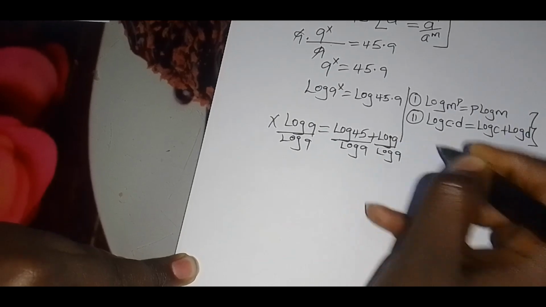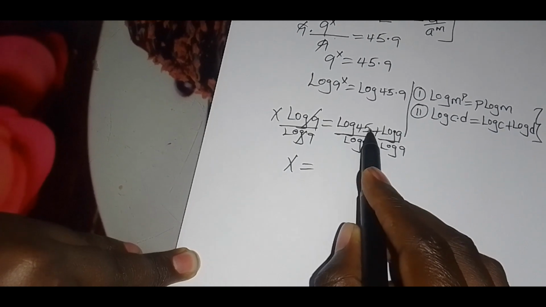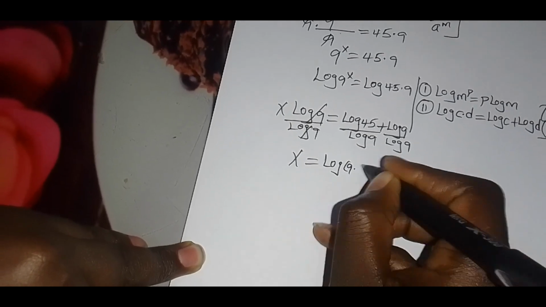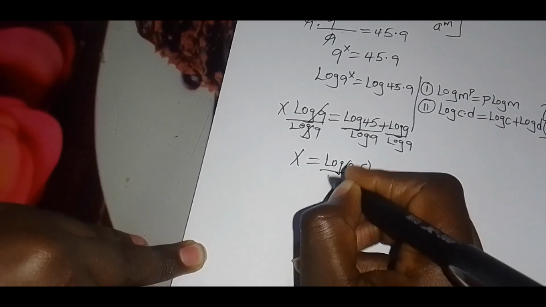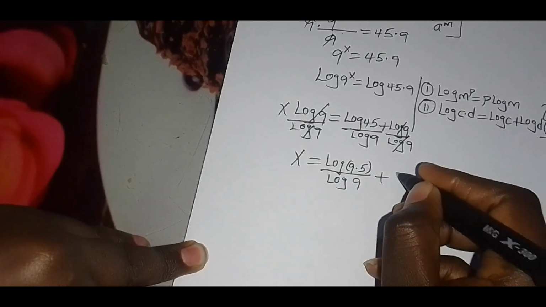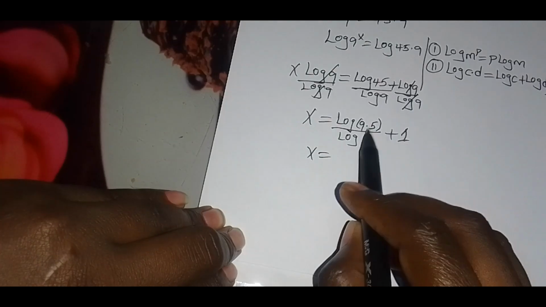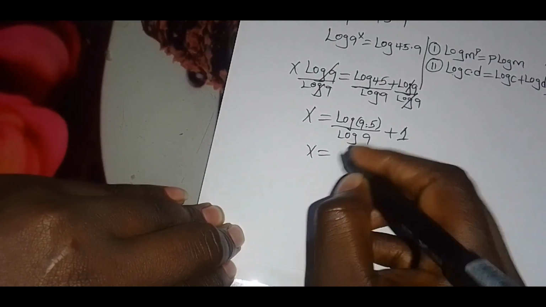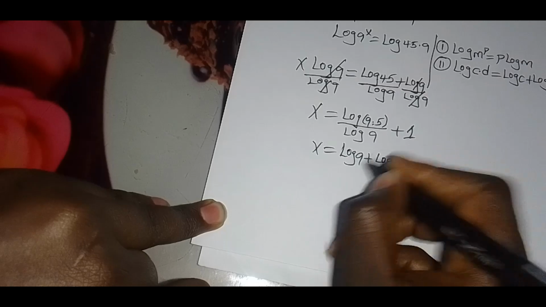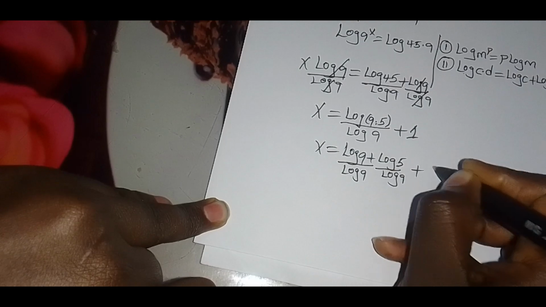And then log 9, so that we'll have x is equal to, now log 45 can be expressed as log 9 multiplied by 5 divided by log 9 plus, this is log 9 and log 9, if simplified you'll have 1. Okay, so that we'll have x is equal to, now applying the second property, log 9 plus log 5 divided by log 9, plus 1.